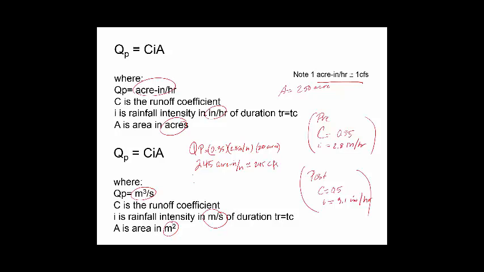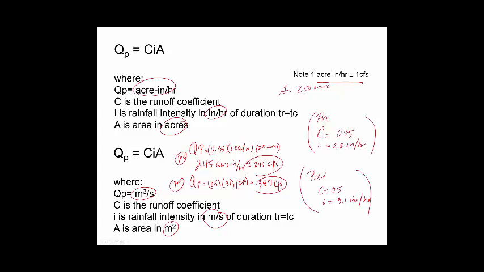Okay, so then this is pre, and then the post I have 0.5, 3.1, and 250. So 0.5 times 3.1 times 250, 387 CFS.